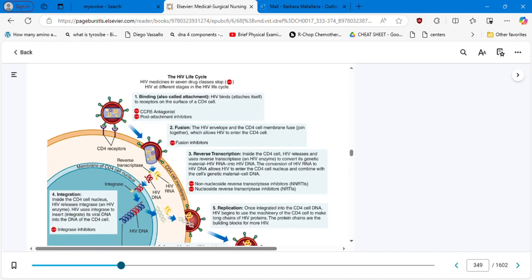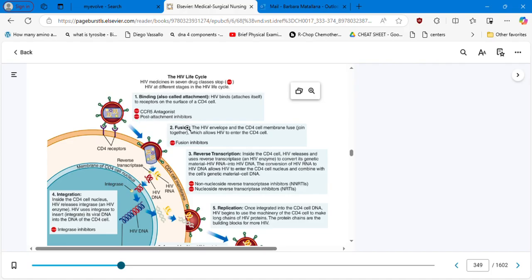You're going to see the stop sign, and they are also describing the HIV at different stages. In the binding stage, which is stage 1, where you see the stop sign, they are using the CCR5 antagonist and post-attachment inhibitors, especially for that particular stage.